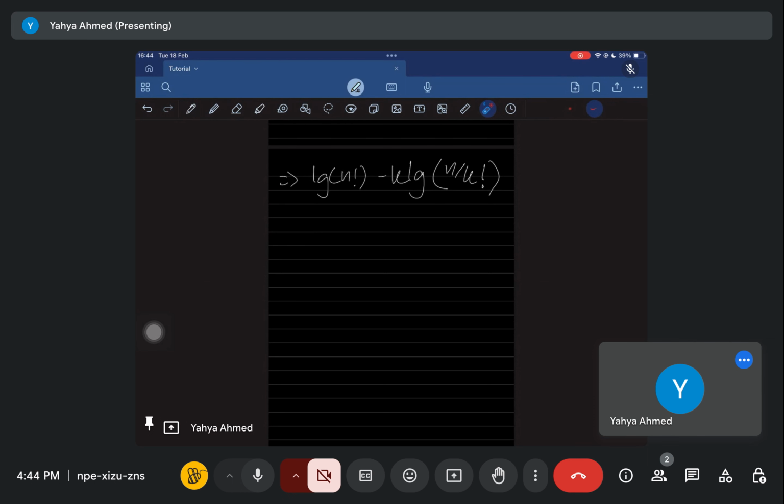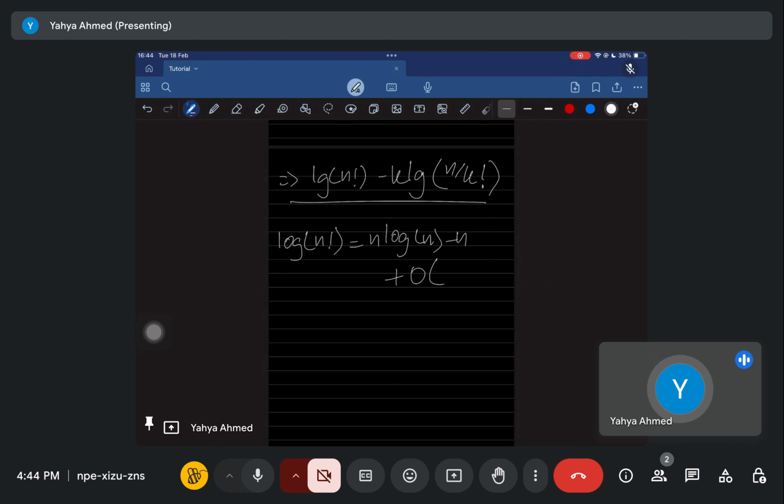we say that the approximation claims that log of n factorial is equal to n log n minus n plus O of log n.